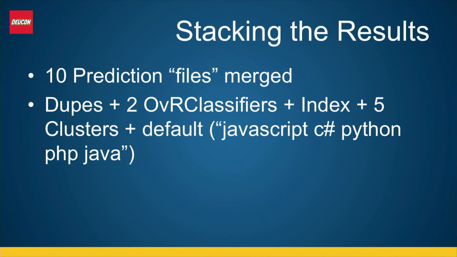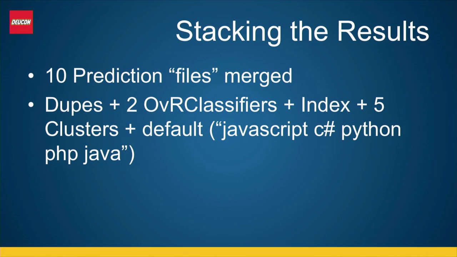First thing we do, we get our cheap and easy stuff, the 0.583, the duplicates. Then we get a consensus on our two different one versus rest classifiers. And I did reuse some of that clustering stuff, so there were still some posts that can be used. I clustered those against known posts and then had 5 little classifiers that would say what's most likely to be associated with those.